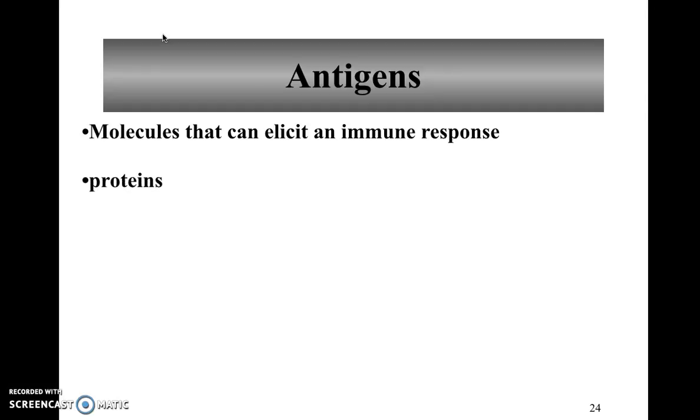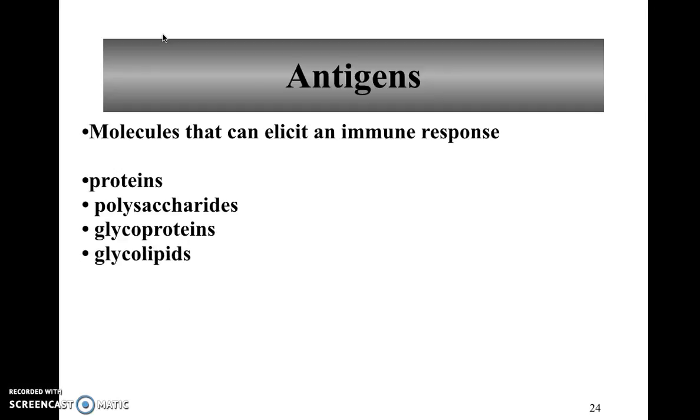They are generally proteins because proteins have complex shapes and make it easier to distinguish one from another. They can be polysaccharides, which are large sugar molecules. They can be a mixture of sugar and protein called a glycoprotein, or a mixture of sugar and fats called a glycolipid.